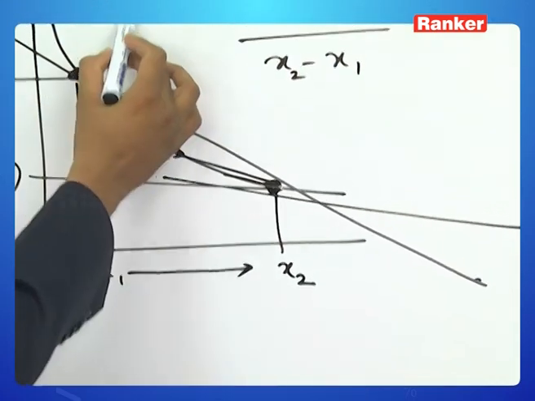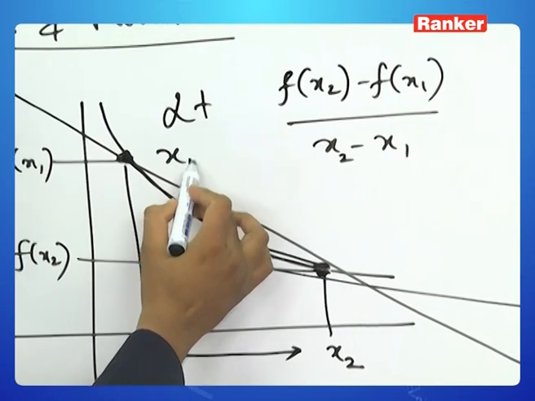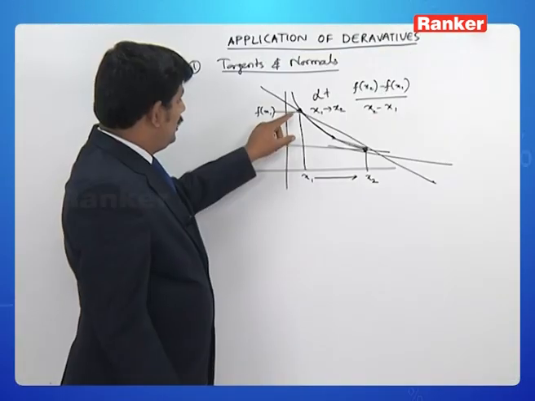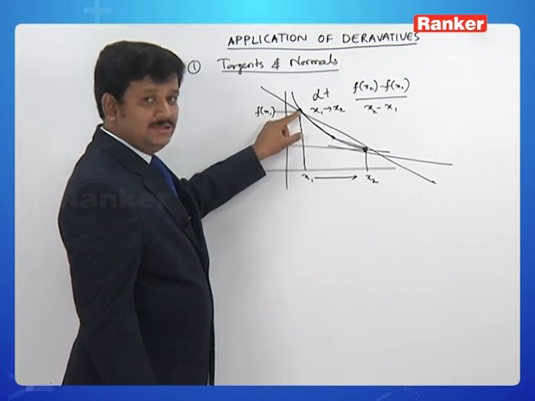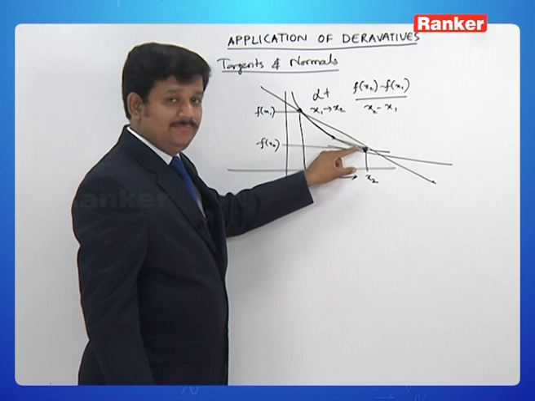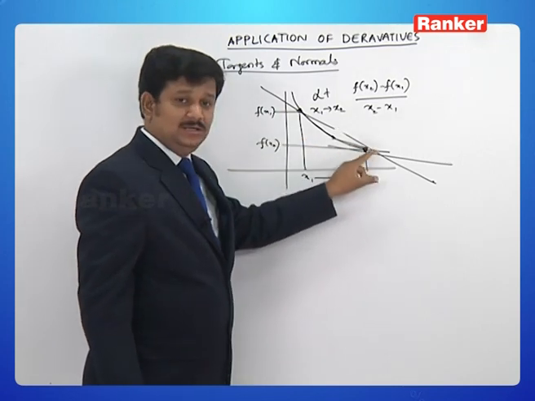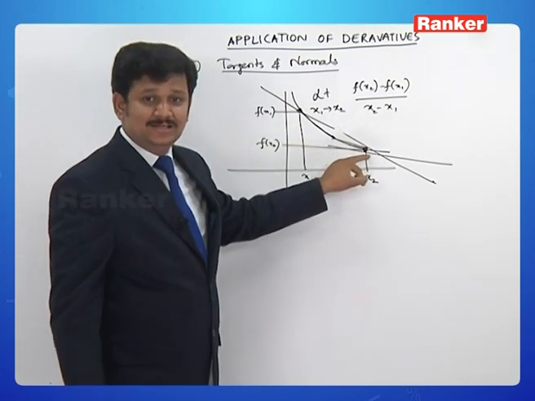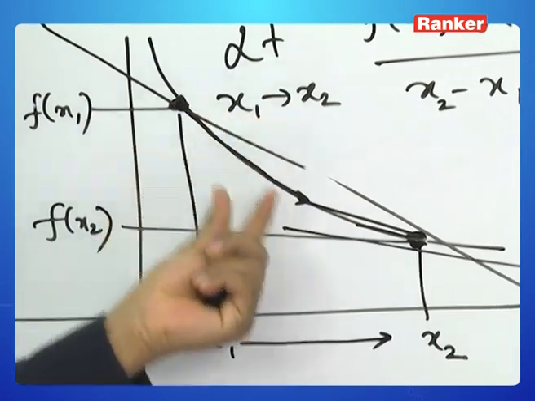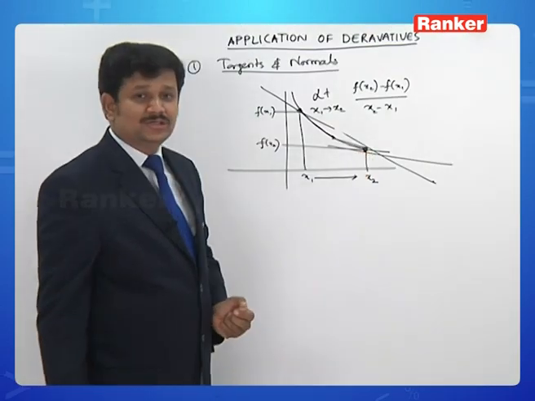So, when we apply limit x1 tending to x2, the secant becomes a tangent at x2. So, slope of the secant will become slope of tangent at x2.